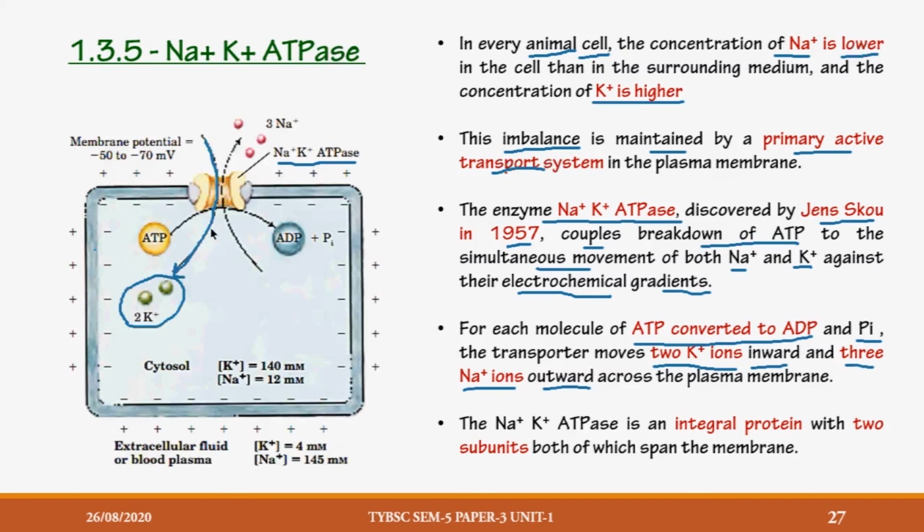It is also a globular protein with two subunits, both of which span the membrane. Span the membrane matlab it passes through the membrane. Okay, it has an outer domain, an intracellular domain, and a transmembrane domain. So we have learnt about all these things previously. Okay, so this particular slide is understood, everybody. Na plus K plus ATPase का main function is clear to all of you.